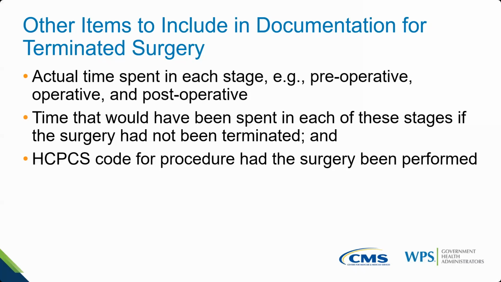When none of the procedures that were planned are completed and the patient has been prepared and taken to the procedure room, the first procedure that was planned but not completed is reported with a modifier 73. If the first procedure had been started, for example, the scope inserted or intubation happened, incision already made, and or the patient has received anesthesia, the modifier 74 is used. Other procedures then would not be reported.